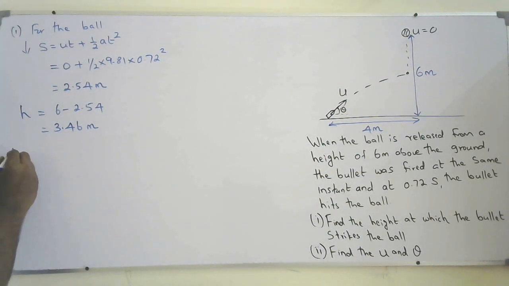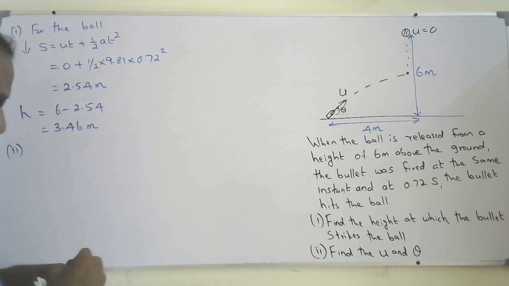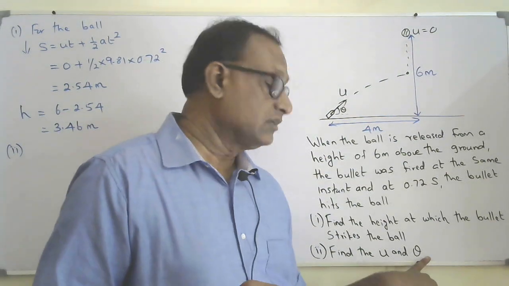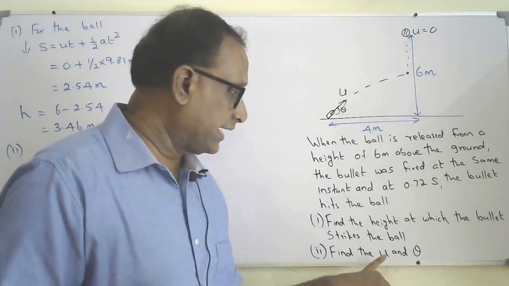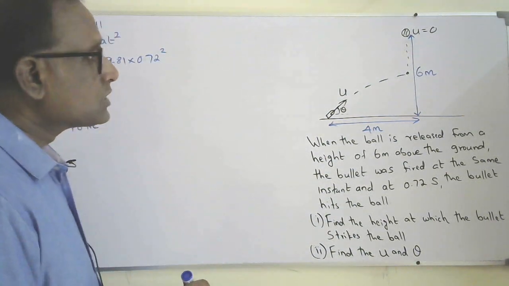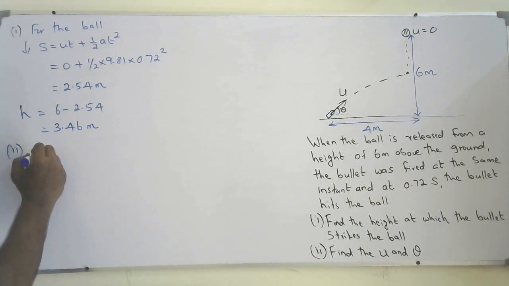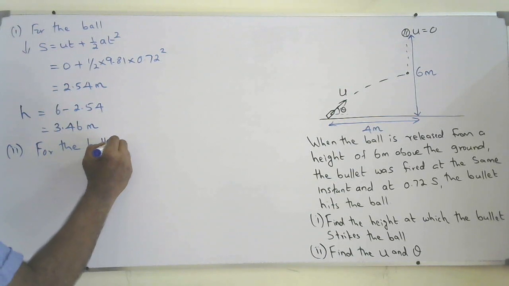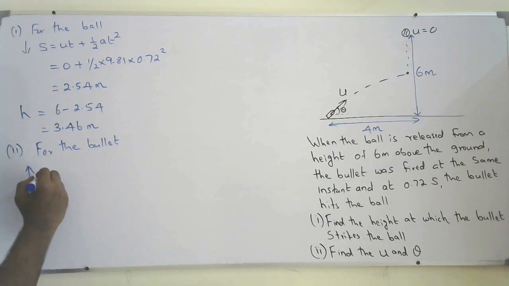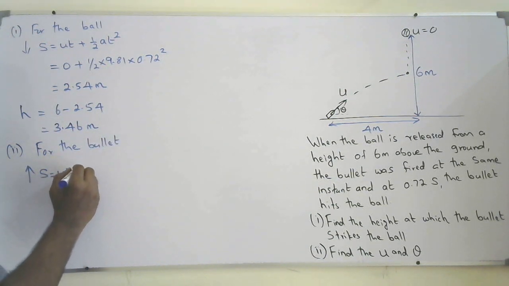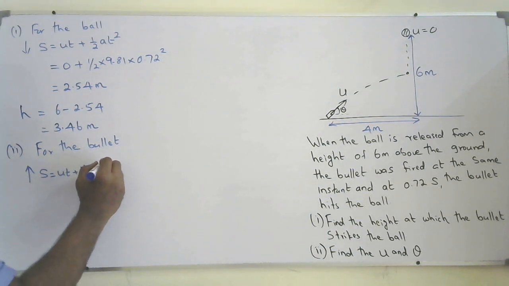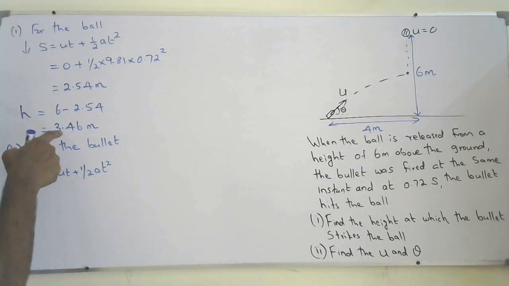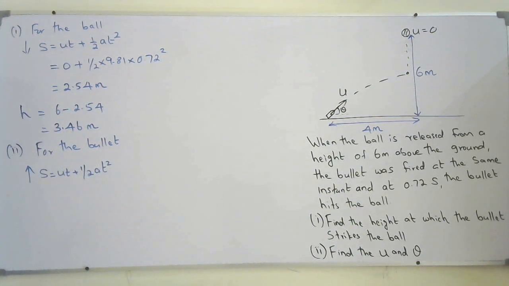Second part, the initial velocity of the bullet is u and the angle with the horizontal is theta. We need to find both u and theta. For the bullet, vertically upwards, s equals ut plus half at squared. It strikes at a height of 3.46 meters above the ground, so that will be its vertical displacement.